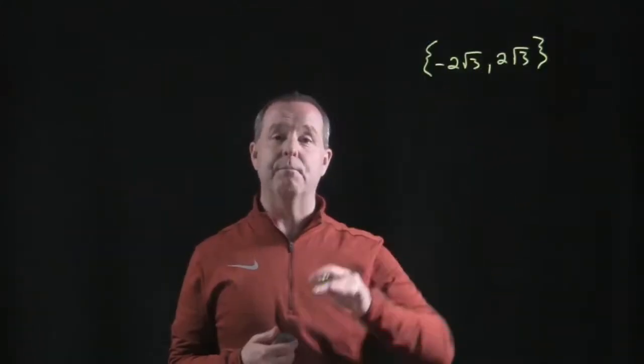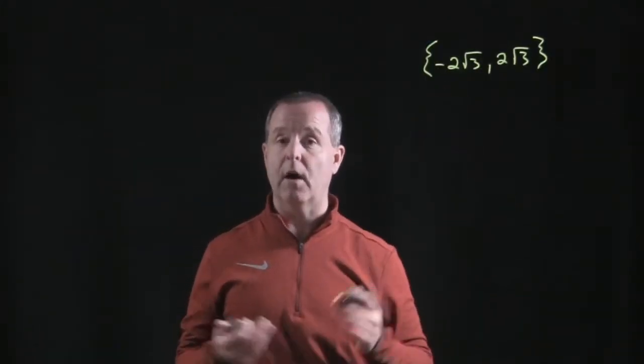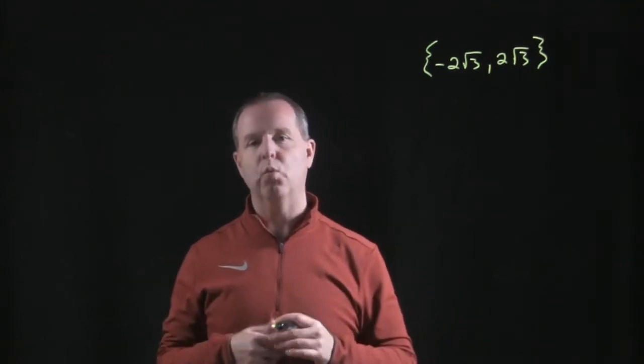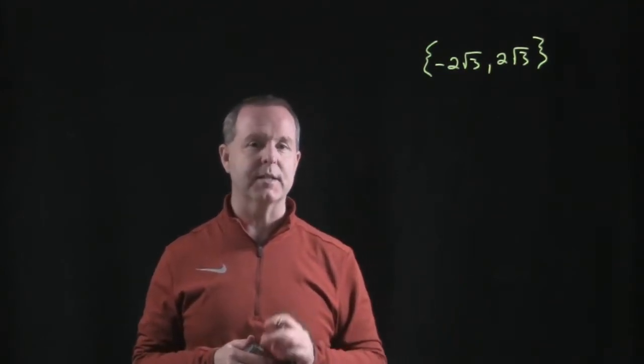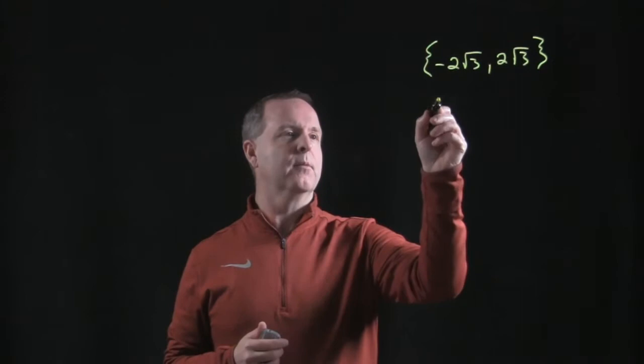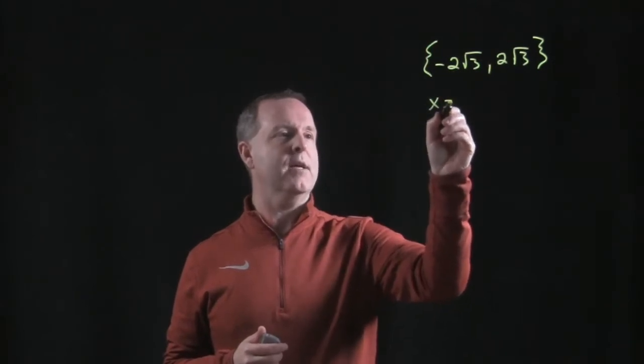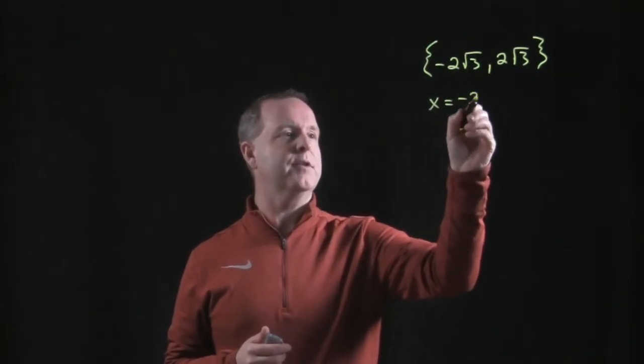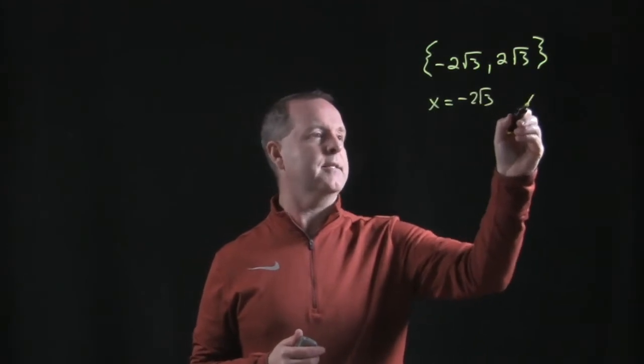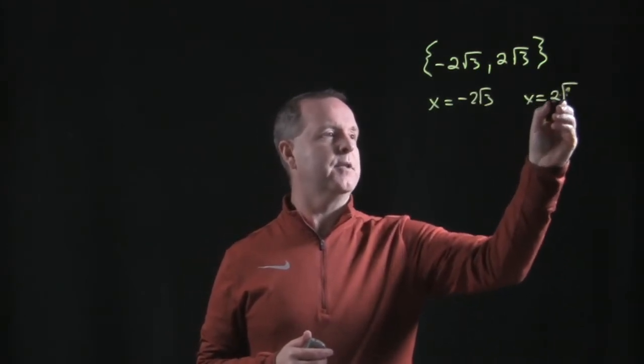Two solutions, I have plus or minus 2√3 as my solutions. So what's one possible quadratic equation that those came from? For this to be true, we know that x equals negative 2√3 and x equals positive 2√3.